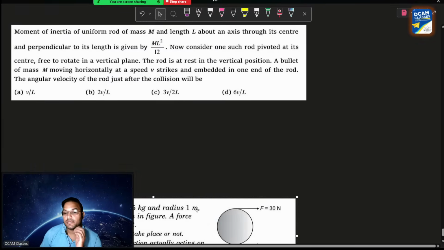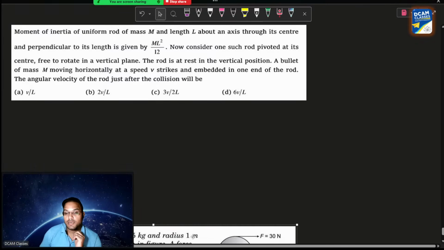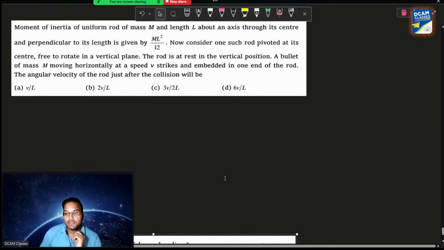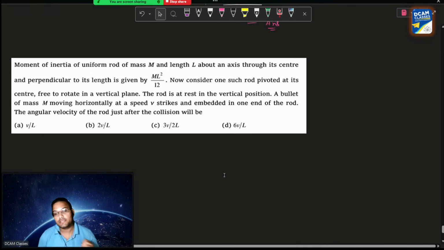And then after this, I'll give you a pulley question. There you will understand how things change when there is friction in the pulley.